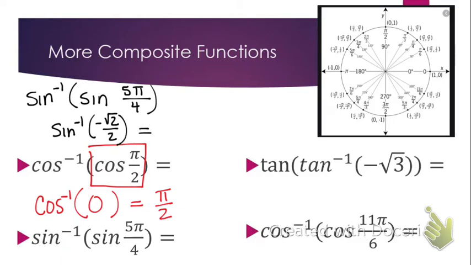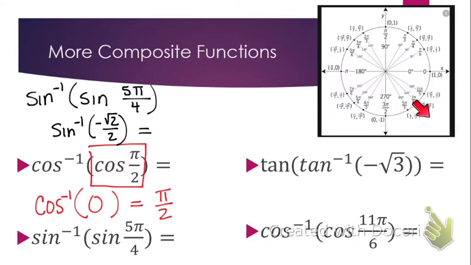So remember, for inverse sine, we're looking in quadrants 1 and 4. So looking in quadrants 1 or 4, what angle has a sine value of negative root 2 over 2? So that would be here.